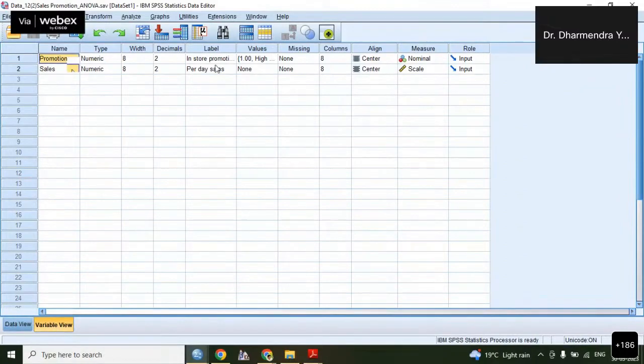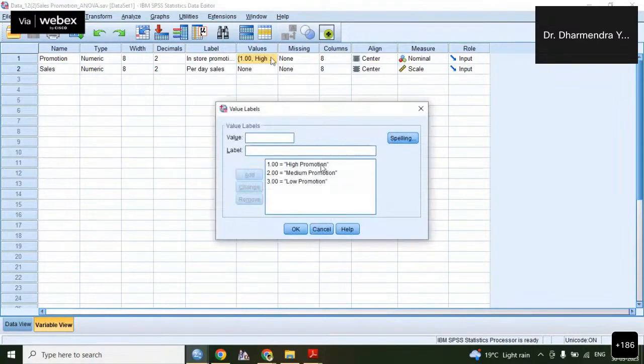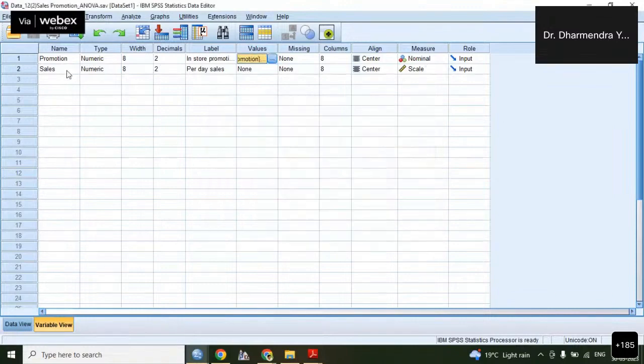Promotion has three levels: high promotion, medium promotion, and low promotion. These are three groups, and we want to check whether the mean of these three groups is the same or not. This is nominal. Similarly, there is sale, the average sale by promotion. We want to check whether the sale in all these three groups is the same or not.